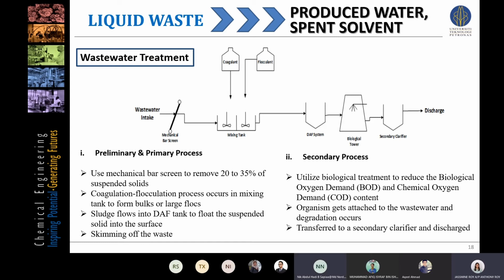And what about MDEA? Which part will treat this one? MDEA essentially, it's from the coagulant as well, right up to the biological tower.